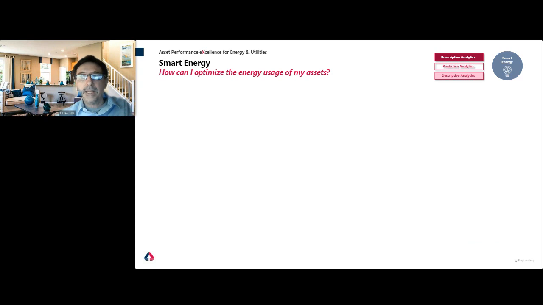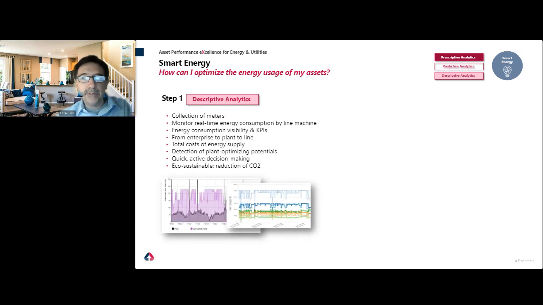And here again, you can go step by step, starting from collecting the data out of the meters and start monitoring them in terms of consumption by line, by machine, by plant, and really building KPIs out of the energy consumption, link them to the total cost of the energy supply, and also start detecting which are the opportunities for optimizing the energy usage and so on.